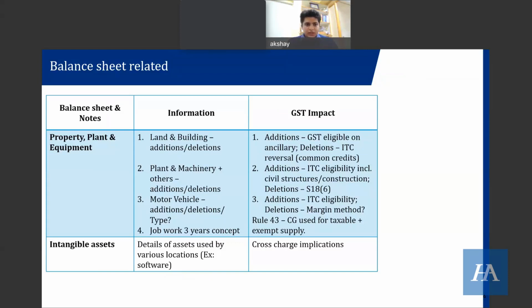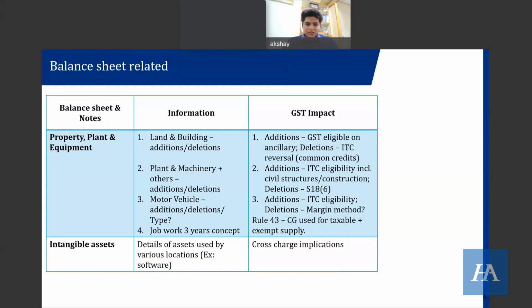Coming to job work, this is where the understanding of the law will override the financial statements. Generally, you will not get any information with respect to job work in the financial statements. But if an entity is actually performing this activity and providing their goods for job work, then you would have to verify the implication of this job work.